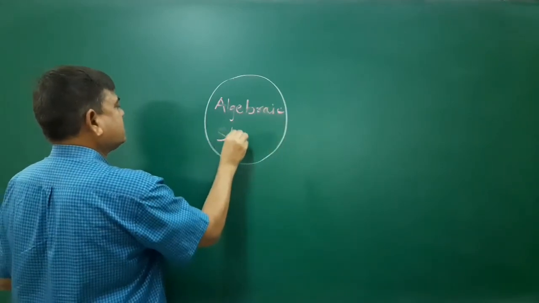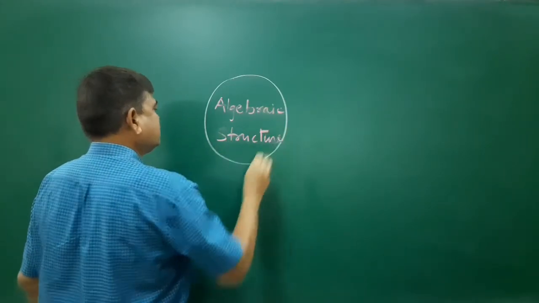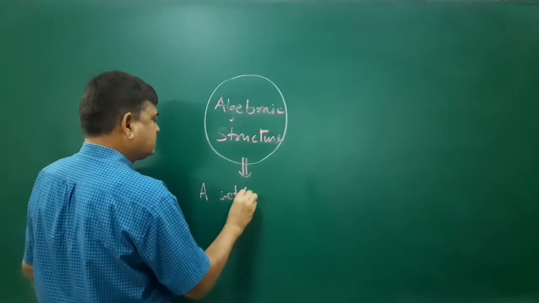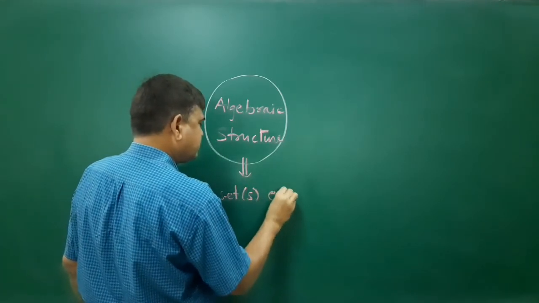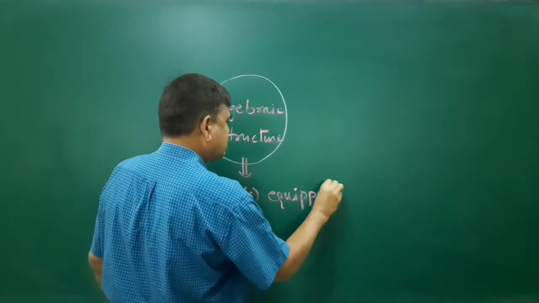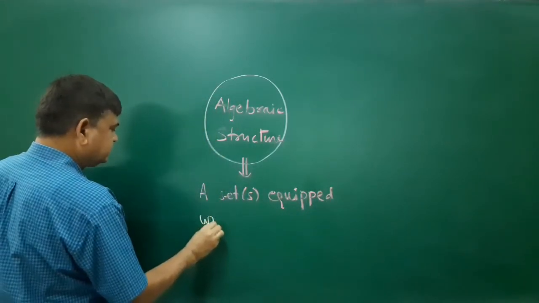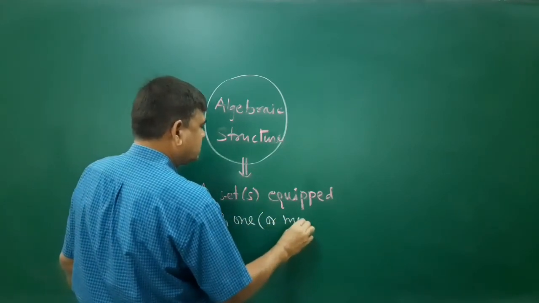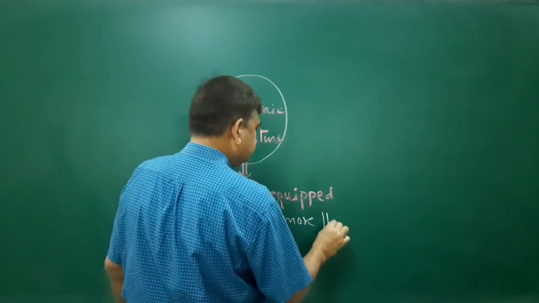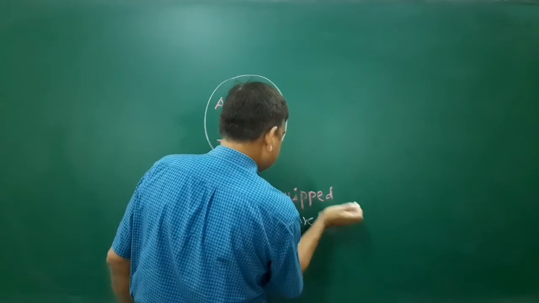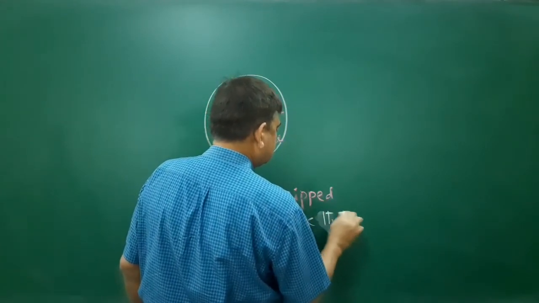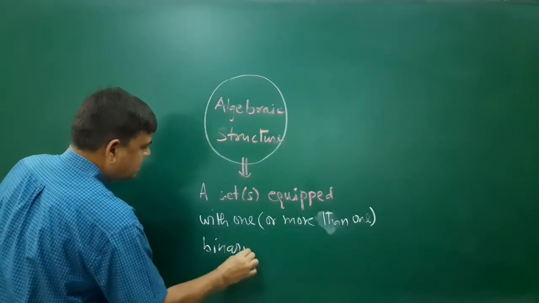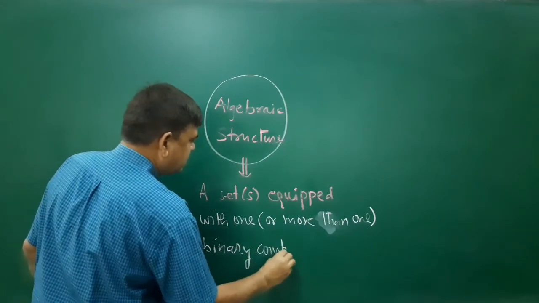Algebraic structure: a set or sets equipped with one or more than one binary composition.